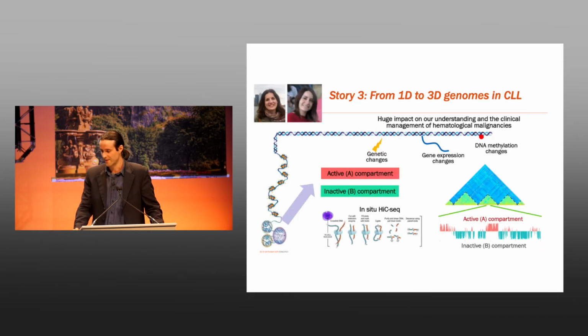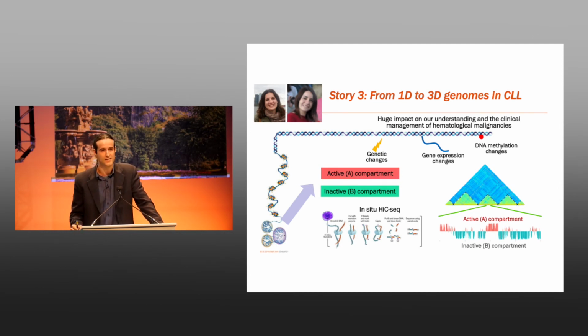The third study that I will briefly present today has to do with the 3D genome, or the 3D structure within the nucleus. At the one-dimensional level, there is not a single doubt that these genetic changes, the DNA methylation changes, and the gene expression changes have had a huge impact on our understanding of disease and also on clinical management, especially the mutations.